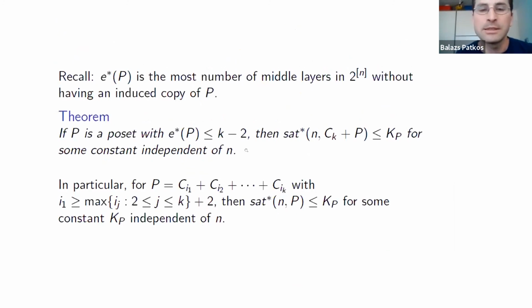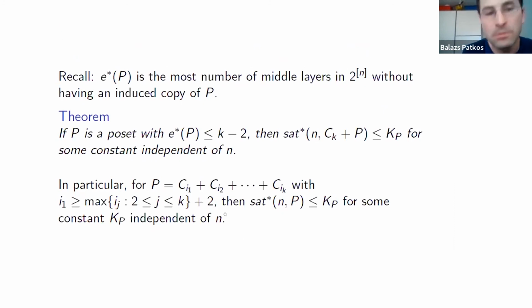And instead of telling you the exact theorem, I just rather point to the consequence. So in the previous example, I had many chains of length 2, so many pairs. Now I have many chains with some length. So the first chain has length l plus l1, the second chain has length l2, and so on.